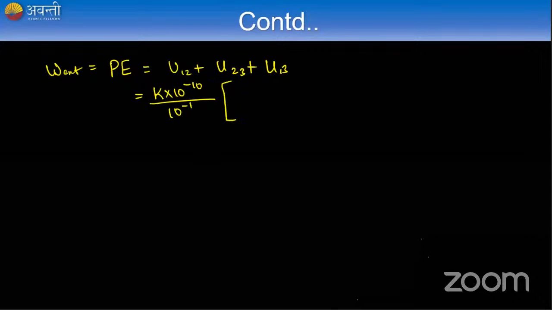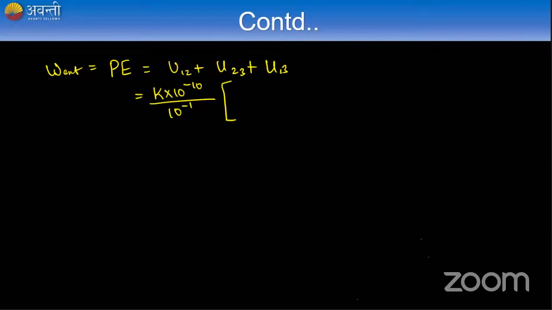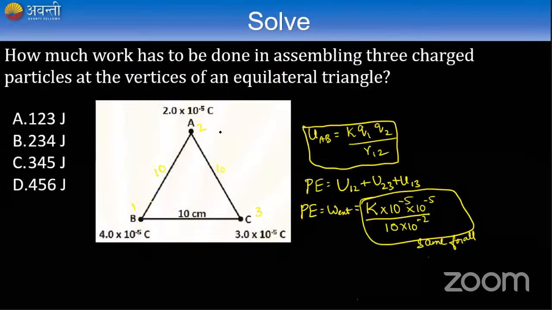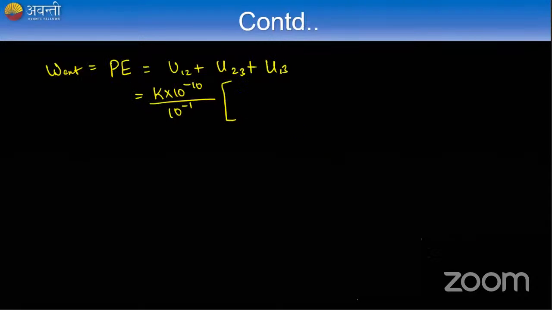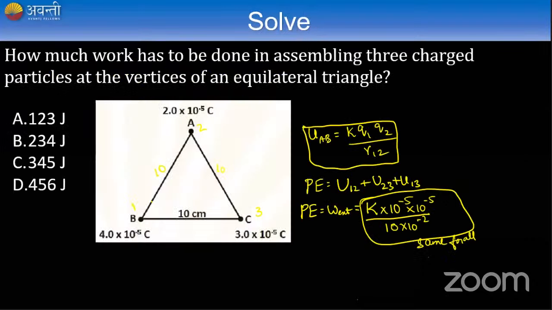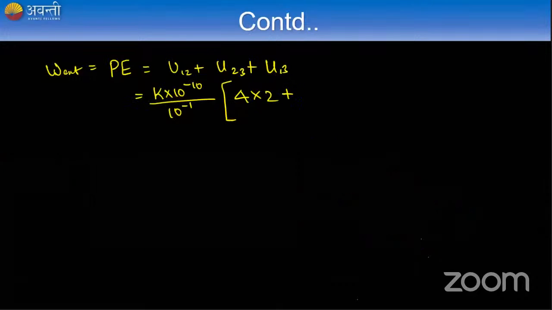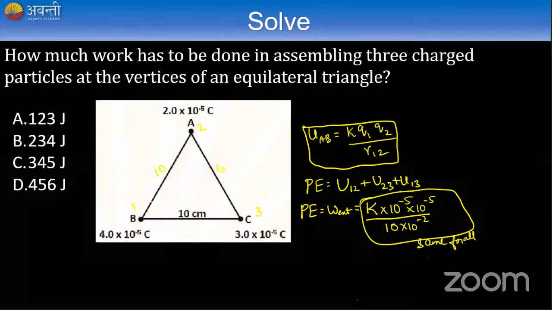Into, now just multiply the charges. U12, 1 and 2, so 4 into 2, right? Plus, what is U23, guys? U23, 2 into 3, right? Plus 2 into 3, plus, what is U13? 4 into 3.